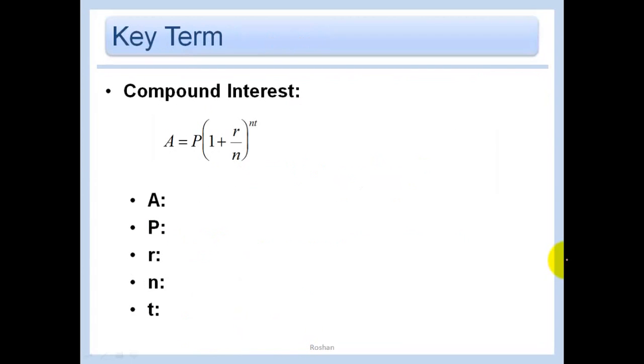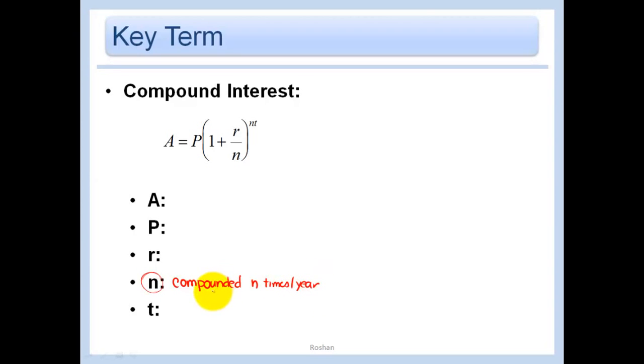And now we're getting to compound interest. Compound interest is of the equation A equals P times 1 plus R over N to the NT. So in this case, this N is just how many times we compound per year. So we compound N times per year.